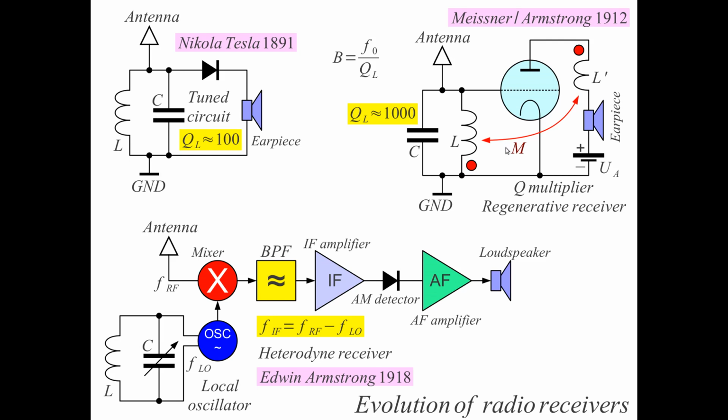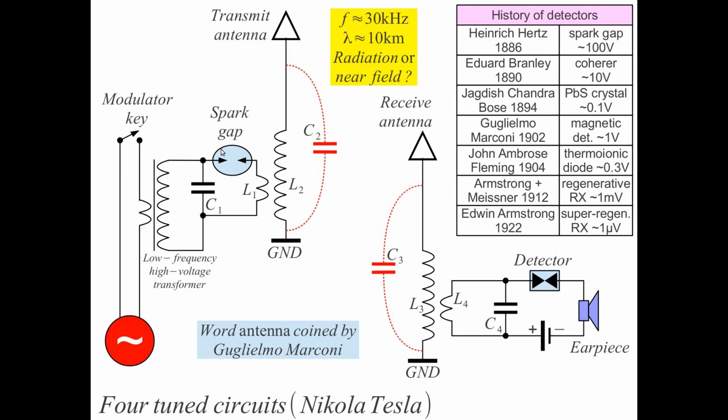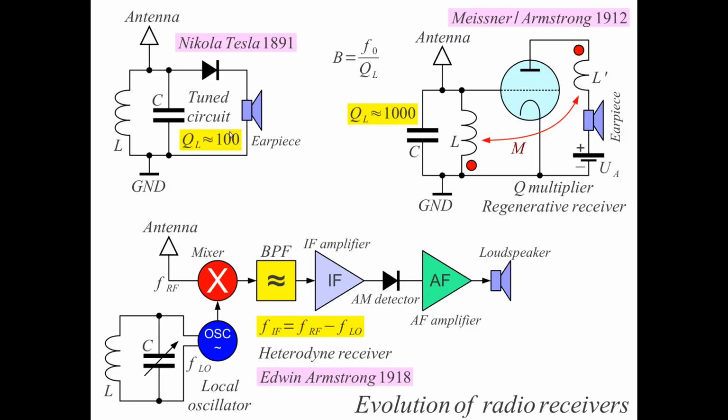In the regenerative, here the Q was limited, the bandwidth of such a receiver. The loaded Q of this tuned circuit was around 100, because what the Tesla transformer actually used were air-wound inductors without a ferromagnetic core, and here the Q is limited to about 100. The loaded Q was maximum of 100.